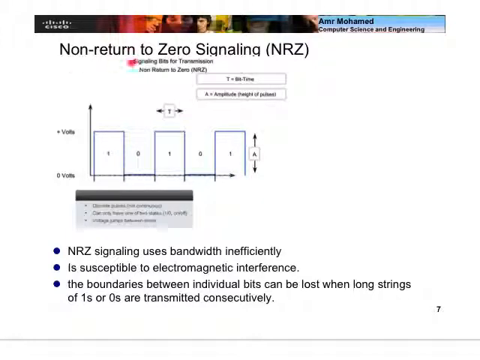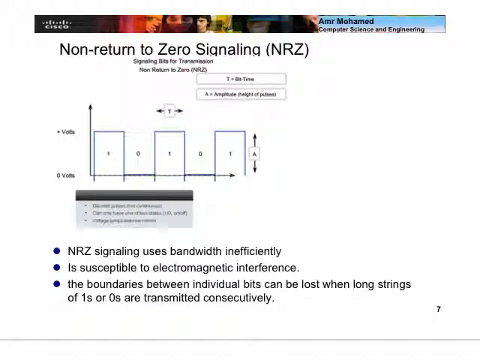By non-return to zero here, we mean that for each bit, you have a continuous amplitude to represent what this bit is. So if it's 1, this gets represented using a positive voltage, let's say like 5 volts or something. If it's 0, then it's represented using a 0 signal.